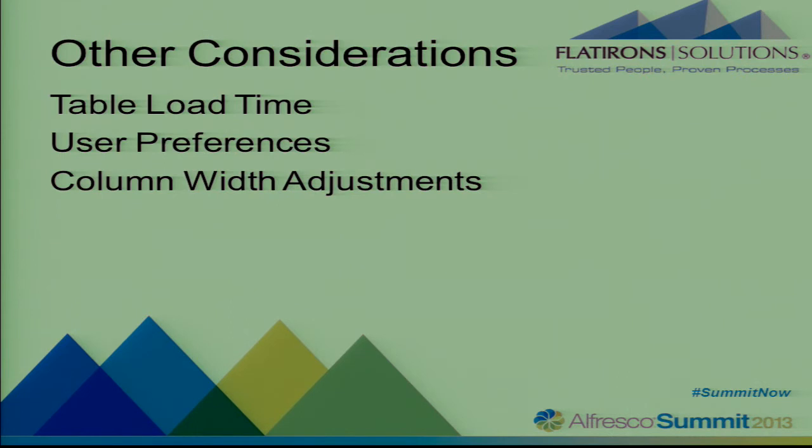The data table column width management was a big issue for us. And part of that is because we're embedding within Share. There's a lot of CSS that gets loaded. If you've ever tried to trace through that, there are a bunch of style sheets that get picked up.